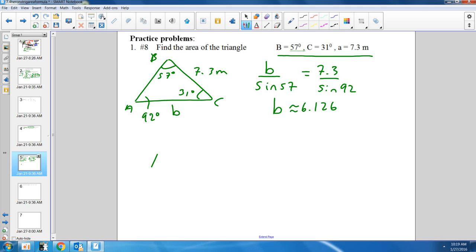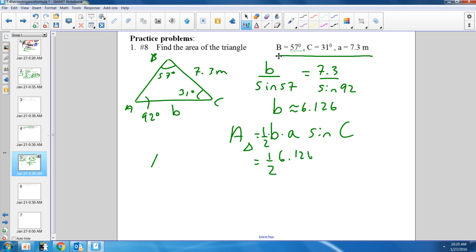And now I want to use the formula for the area of a triangle. So I want to use B and A. The area of the triangle is equal to 1/2 times B times A times the sine of angle C, because I just got B. Equals 1/2. Let's see, my B is going to be 6.126.